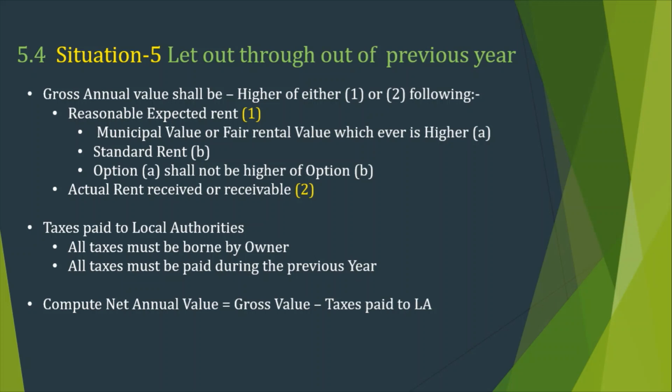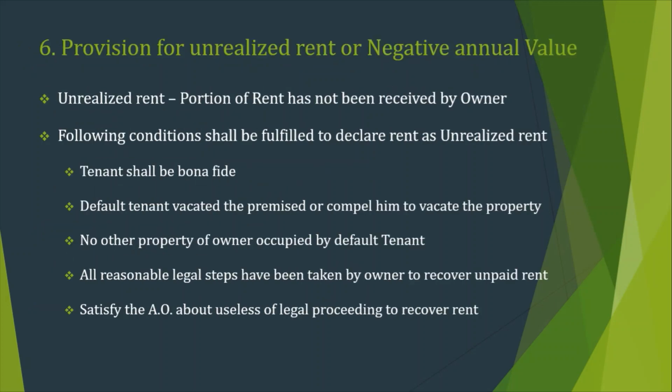Then the actual rent received or receivable, whichever is higher, will be the gross annual value. Then we deduct all the taxes paid by the owner during the financial year, so the net annual value is the gross annual value minus tax paid to local authorities. Very simple, not a hard and fast rule.